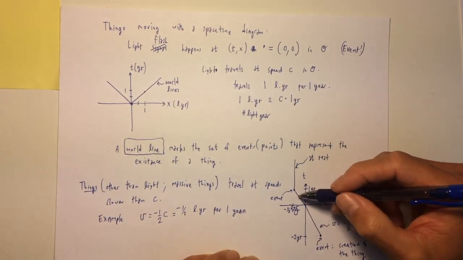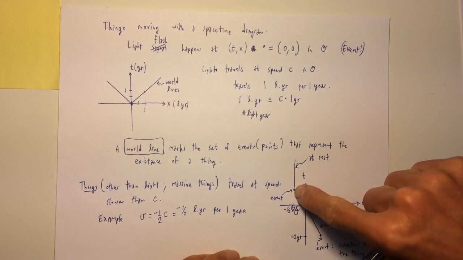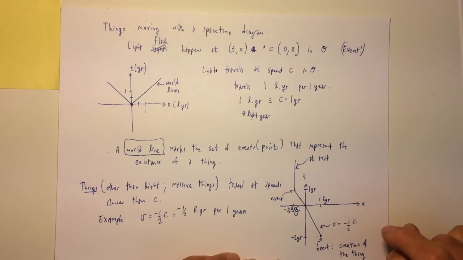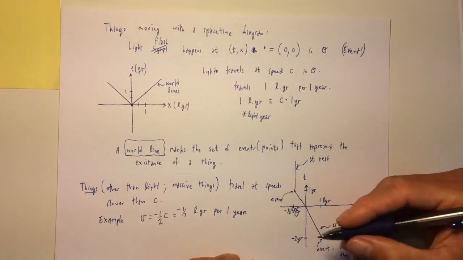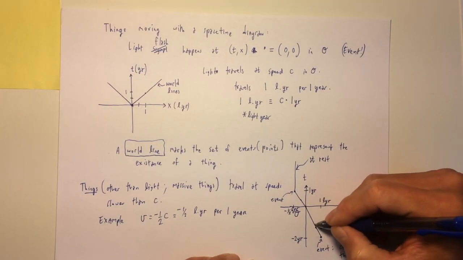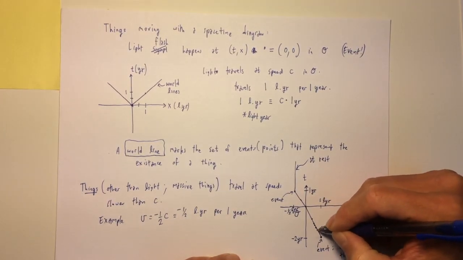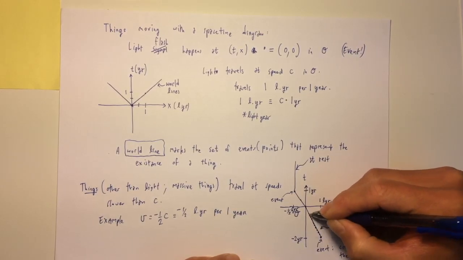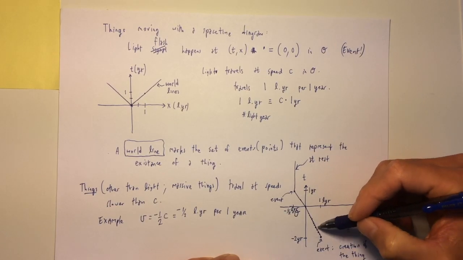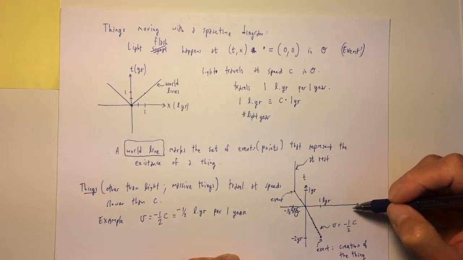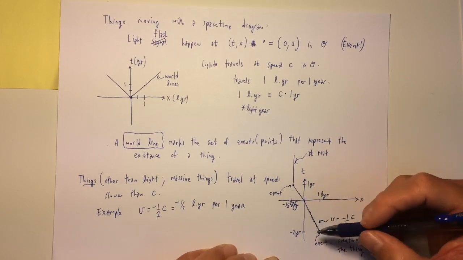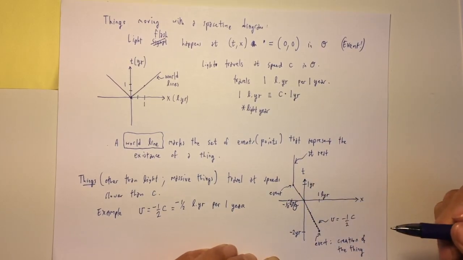Like all of the motion is lost at that event, which requires an infinite force and stuff like that. But yeah, so these world lines are sets of events that mark the existence of an object. It's actually the location of the object as you think about time going into the future.